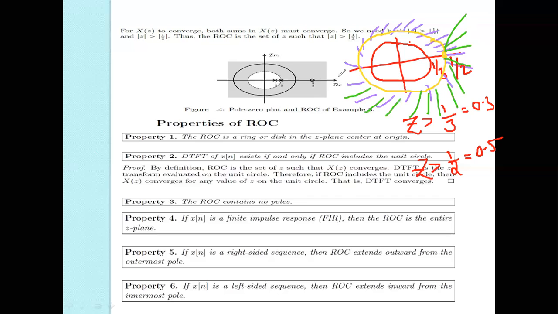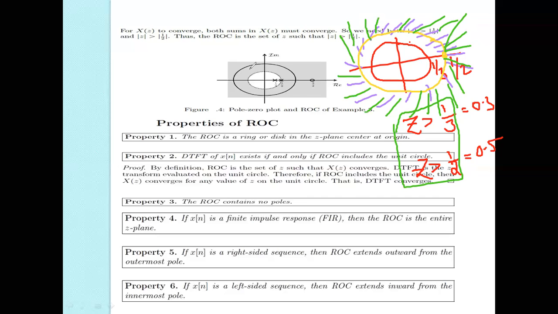So what is the common ROC now? If it is greater than 1/3, there is no overlapping of both the ranges. But when it is greater than 1/2, an overlapping occurs for the greater than 1/3 and the greater than 1/2.